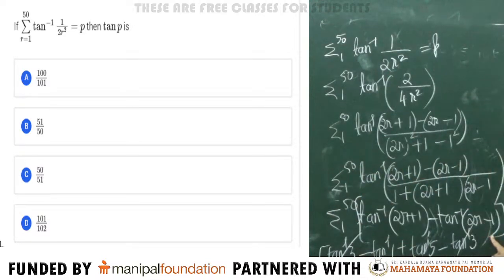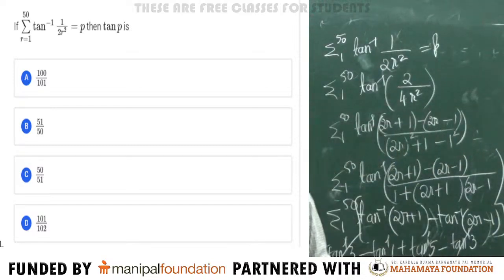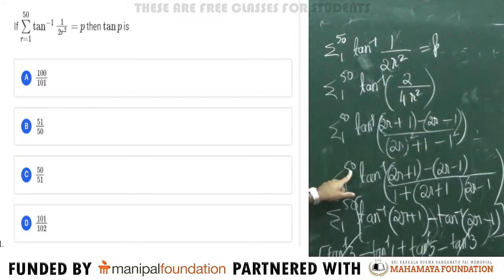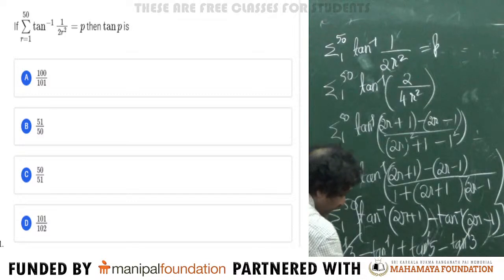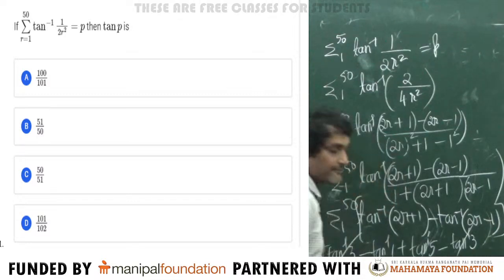All the rest will cancel except this minus term and the last positive term. Put 50: 2 into 50 is 100, 101. So your answer is finally tan inverse 101 minus tan inverse 1 equal to P.